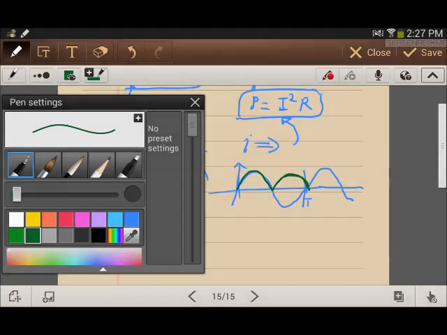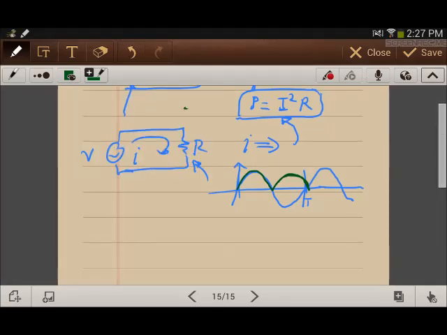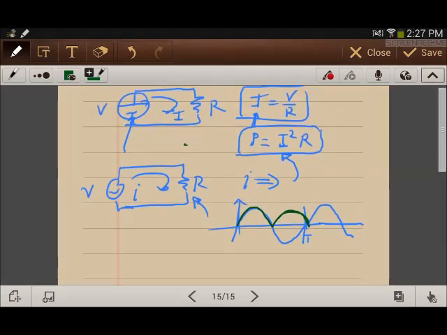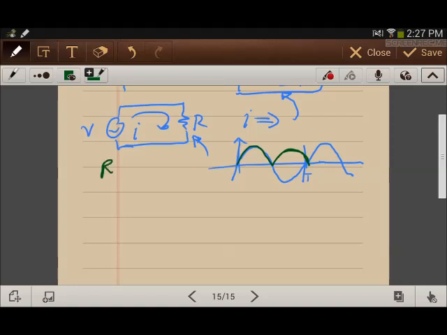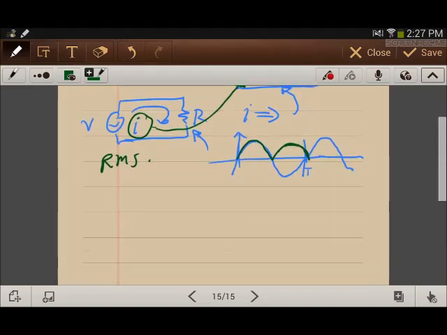So now why is it called root mean square value, why is it called RMS? It's simply by finding the equivalent current that will be as effective as the DC current here in this equation.